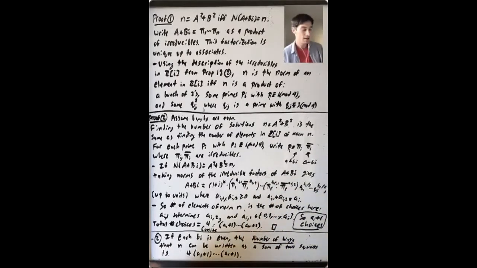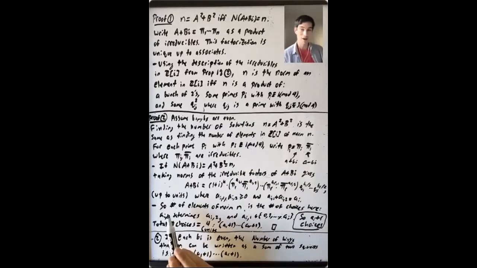So maybe this product is off by -1 or i or something like that. And then we have a choice for each one of these primes that's congruent to 1 mod 4. We have pi i to some power and pi i bar to some power, where those powers add up to the corresponding exponent of pi.